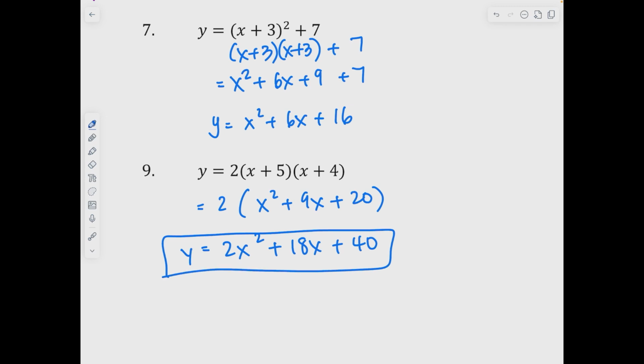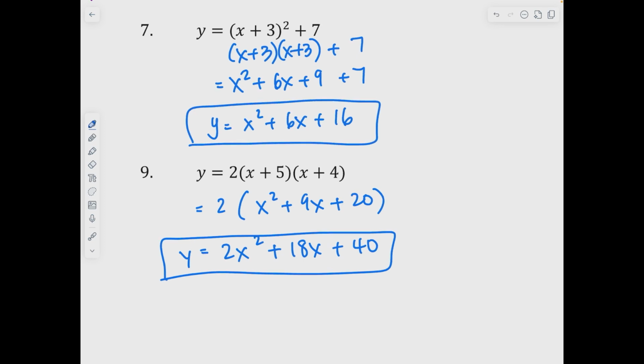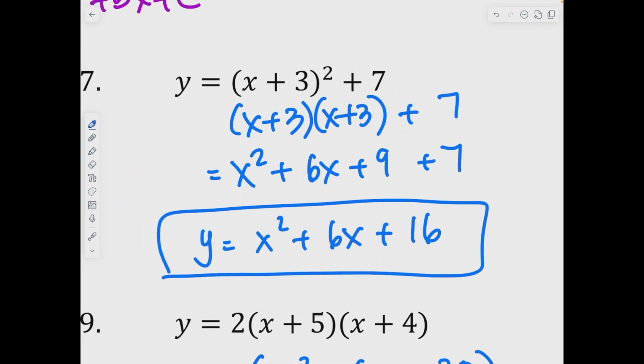Okay, so what we're noticing here is this. We're going to work backwards in a moment, so I just want to call attention to this. If I gave you the standard form, what you'll notice is you can take the constant and you can rewrite it as the sum of 2 values.